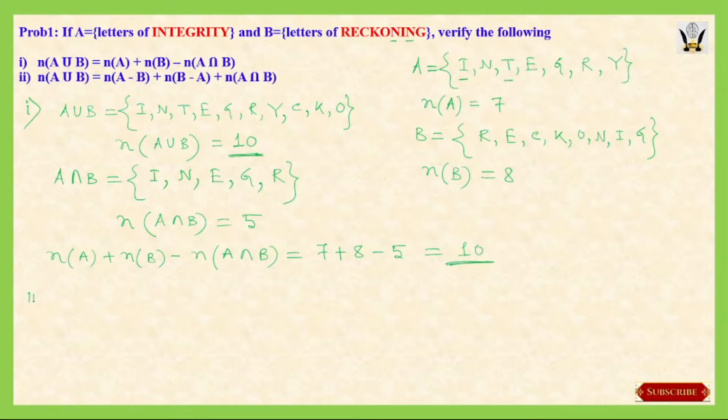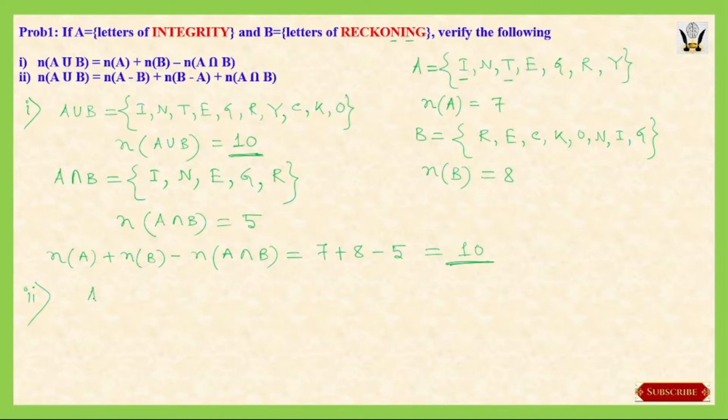Now the second problem. What we have to verify is, first we have to find the cardinal number of the union that we have already obtained, which is 10. And then on the right hand side, we have to perform this addition, and before that the cardinal number of the intersection we have also already found. Now we have to perform these two difference operations.